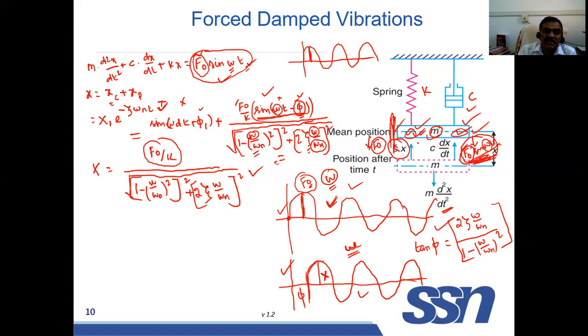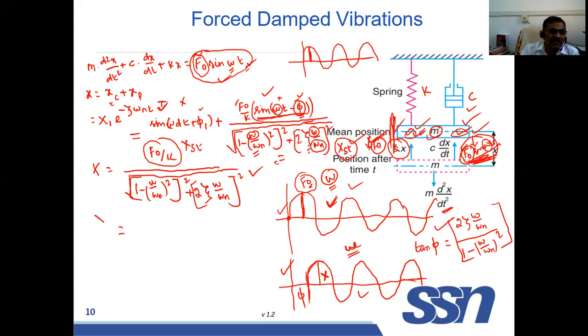What will be the displacement? I am taking XST, the static deflection. When this body is subjected to a static force instead of the forcing function, the displacement will be XST, the static deflection.